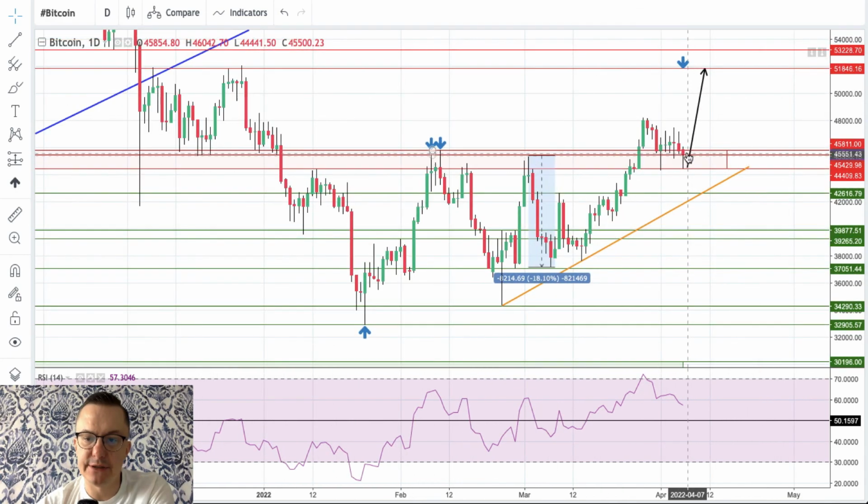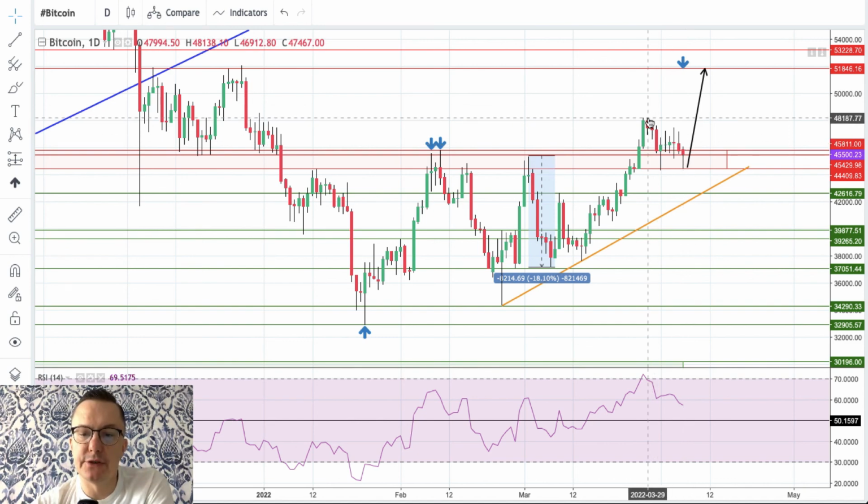Why? Because this is some sort of pin bar forming. Of course, this is a daily time frame chart. We have plenty of time to close the daily candle and then see what the actual candle is. However, for today it looks like a rebound higher.